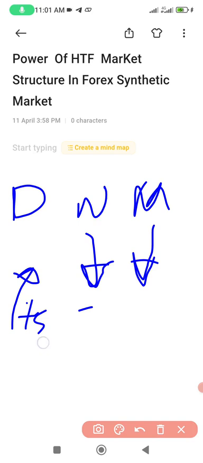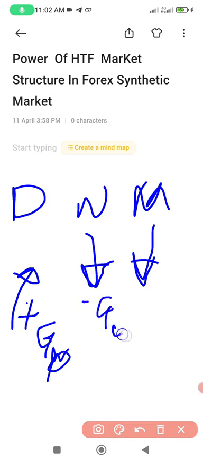We are going to label the slope, that is the direction of the trend, with G. So G means gradient or slope. GD, the slope in the day, is positive. Then we have minus here, the slope in the week, and then we have minus here, the slope in the month.